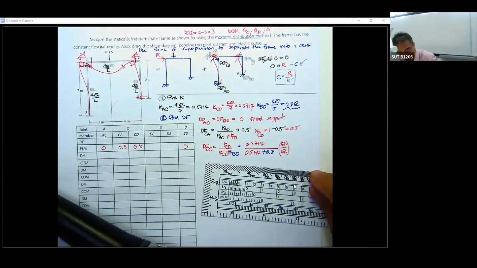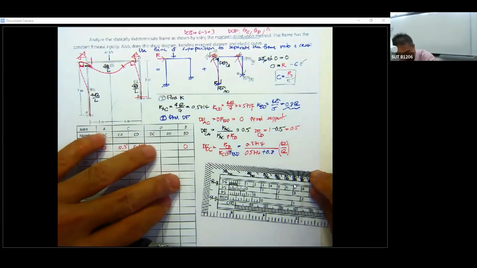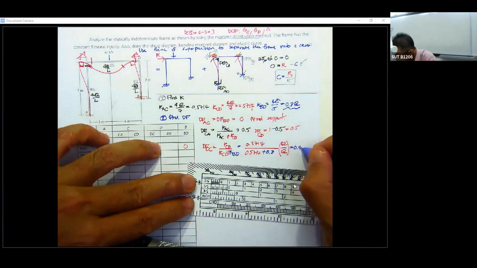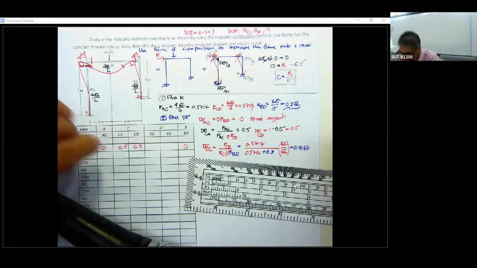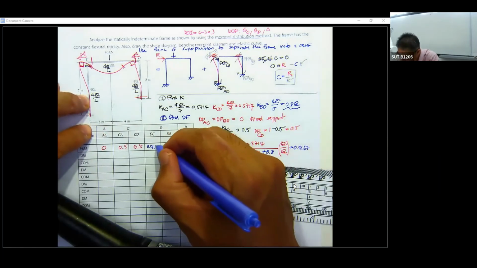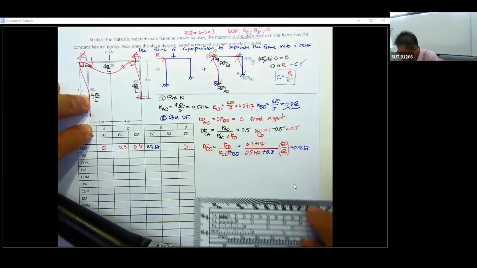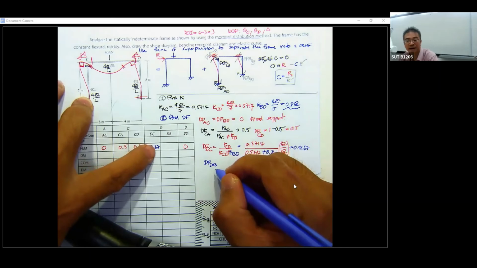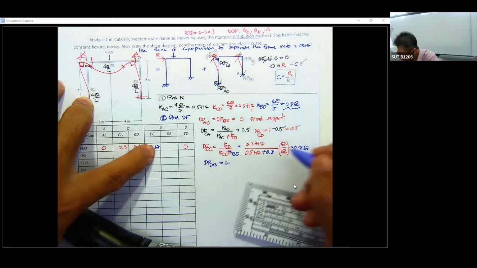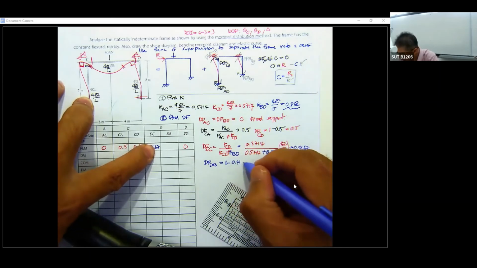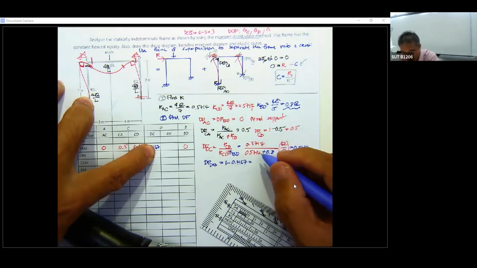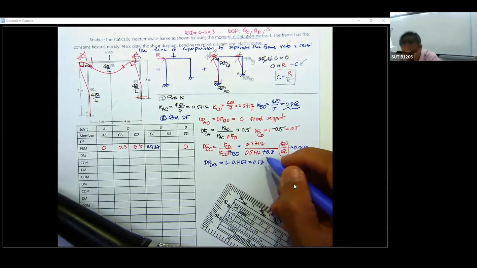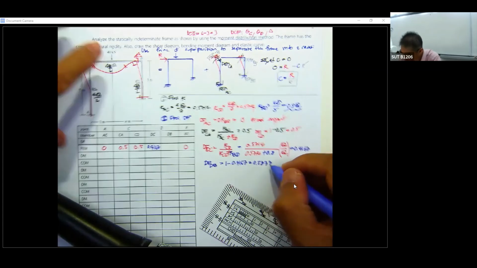DF DC is going to be 0.4167. Put this one 0.4167. And the last one, you determine DF DB, just 1 minus 0.4167. That is very simple, 0.5833. Just put this one, 0.5833.